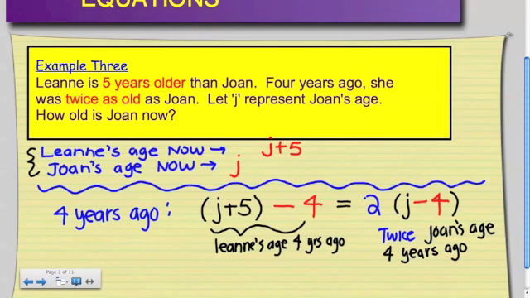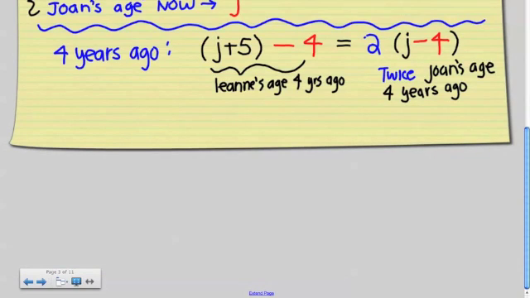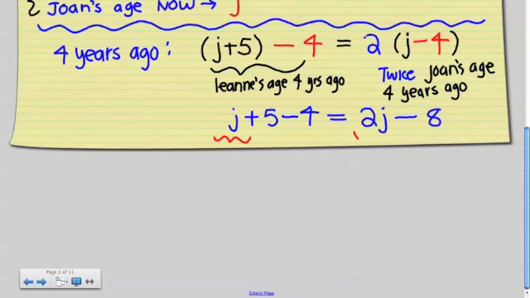So now that I've taken all the information, I can now solve the question. So I have J plus 5 minus 4 is equal to, apply the distributive property, 2J minus 2 times 4 is 8. So I want to group all the J terms on the left-hand side of the equation, and I want to move all the numbers to the right-hand side of the equation.